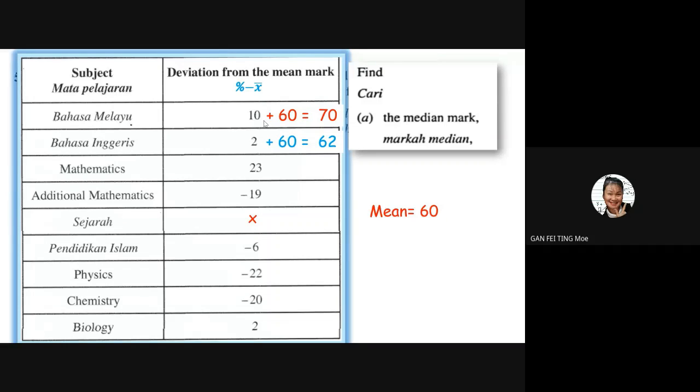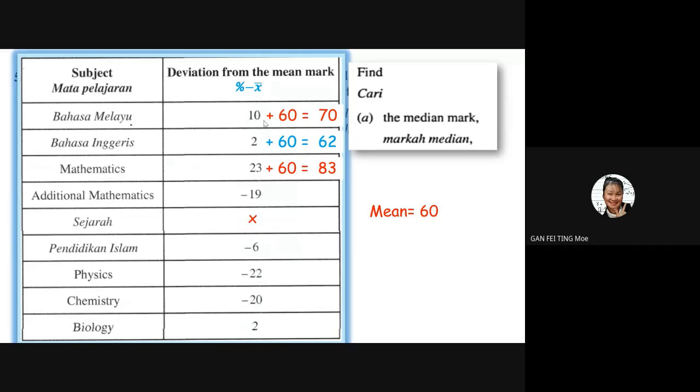Okay, then we go to Ainul Madya. What is your mark for mathematics? Ainul tidur. Ainul tak ada. Okay, Enchang, what is your answer for mathematics? 83.